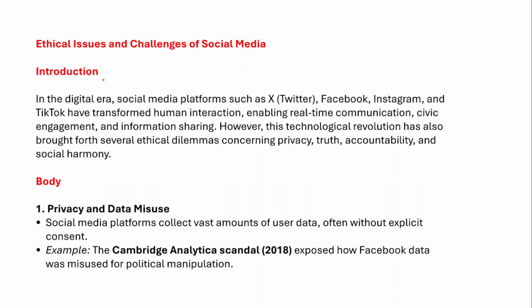Now in the introduction, let's describe social media, its advantages, its applications in a very brief and simple manner. There's no doubt that we have been living in a digital era. The 21st century is considered a digital era. In this digital era, there are several social media platforms like Facebook, X, formerly called Twitter, Instagram, TikTok.